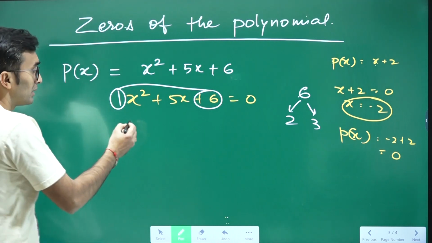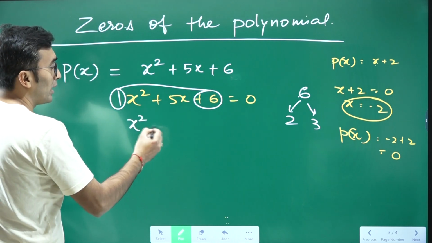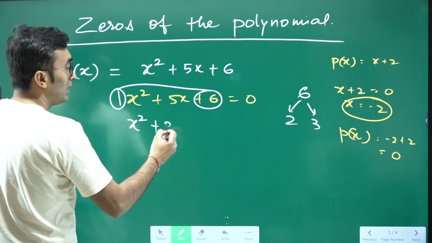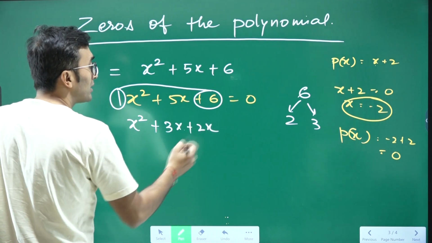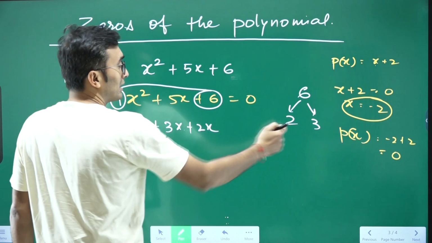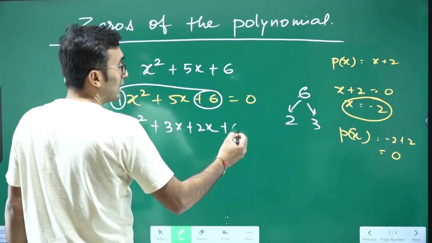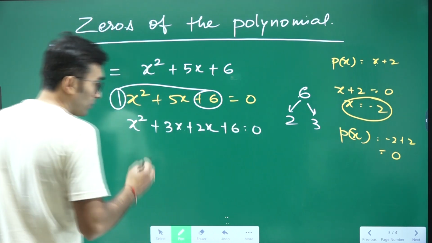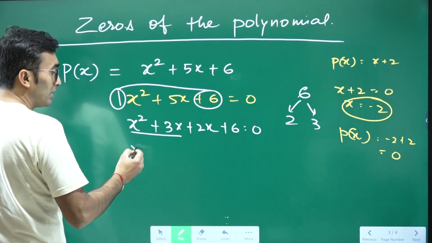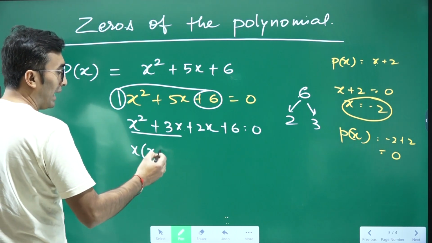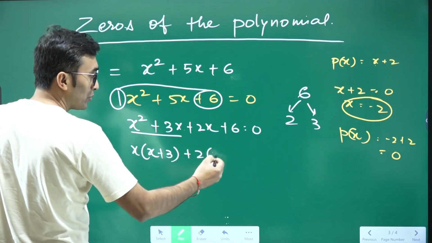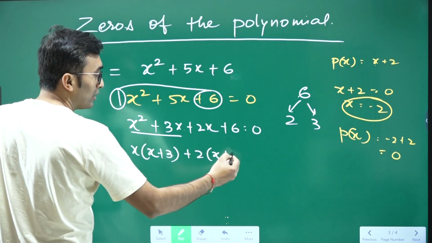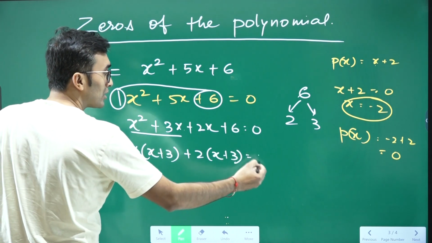So this can be written as x square plus 3x plus 2x plus 6 equals 0. From where did we get 3x and 2x? From the middle term 5x. Now take common: x is common from the first two terms, so x times (x plus 3), then take 2 common, so 2 times (x plus 3), equals 0.